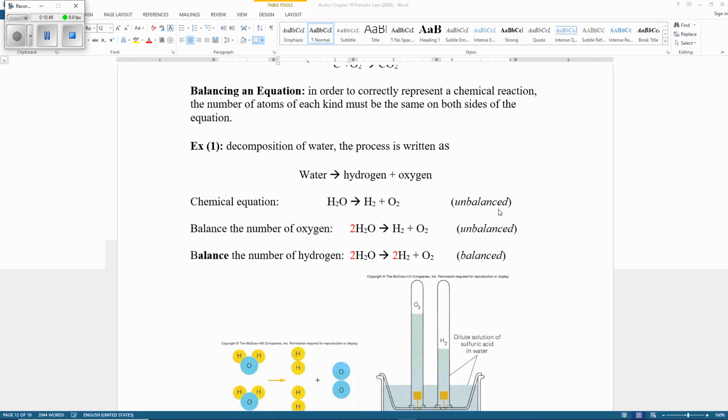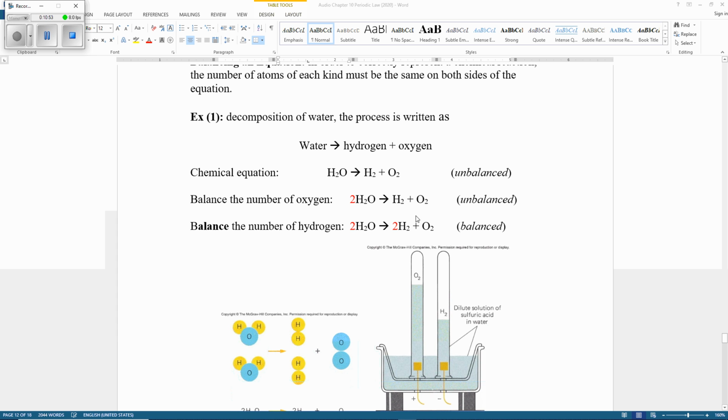We call it unbalanced. So we want to balance it. How can we balance it? After we have two oxygen, before only one. So how about we times two? Remember when you times two, the whole molecule times two. So that means you have four hydrogen atoms and two oxygen, right?